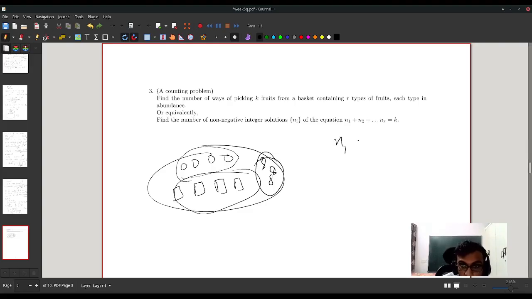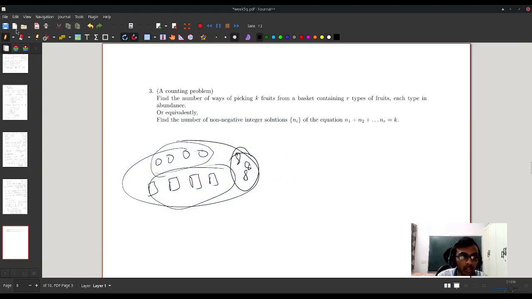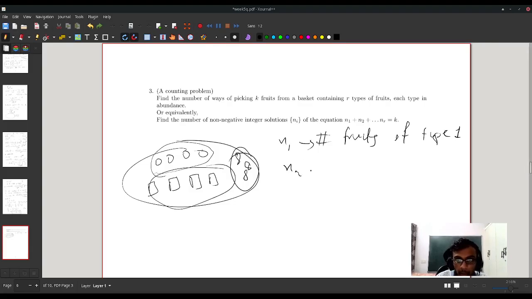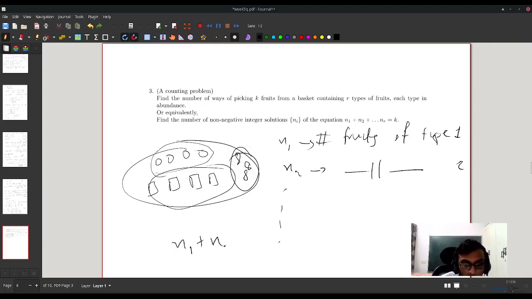So if n1 is the number of fruits of type 1, and n2 is the number of fruits of type 2, and so on, all these numbers must add up to the total number of fruits that we have to pick, which is equal to k.